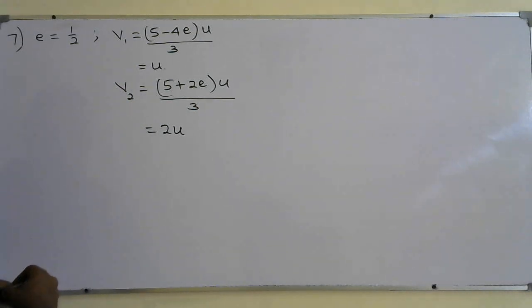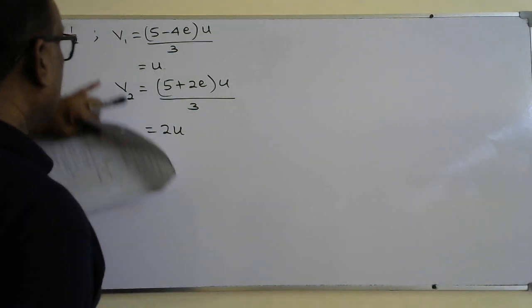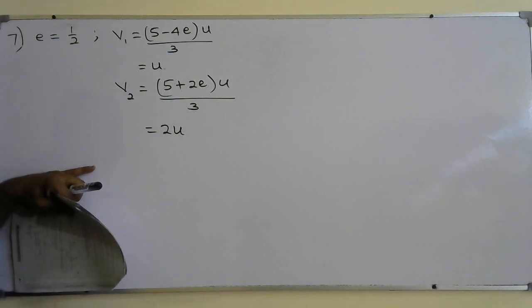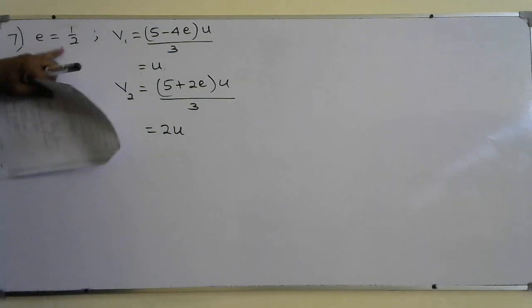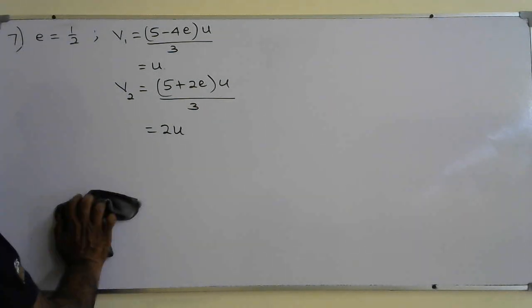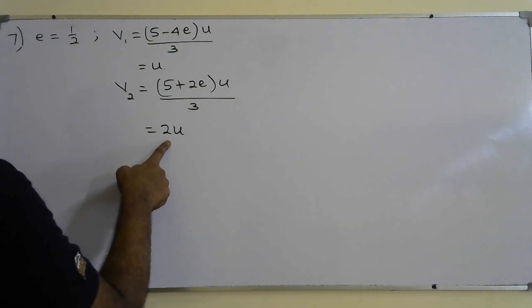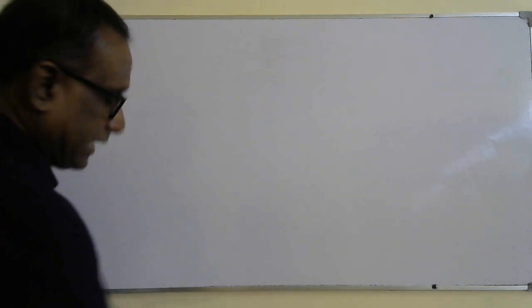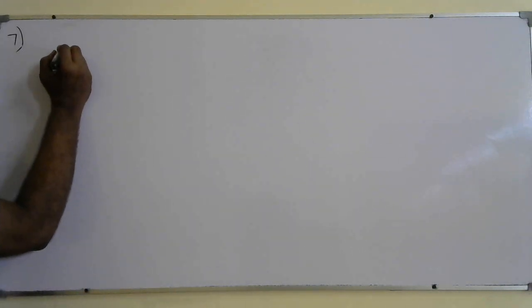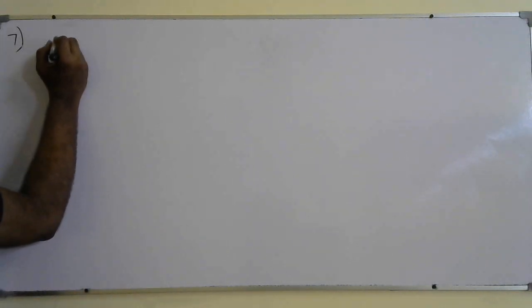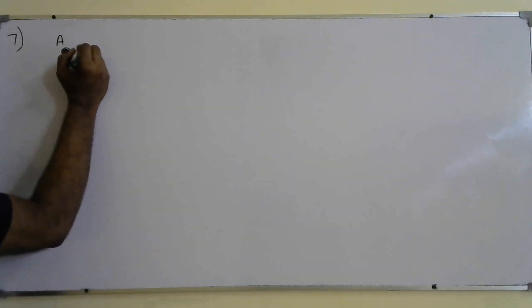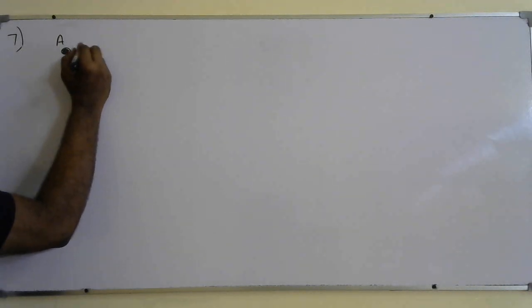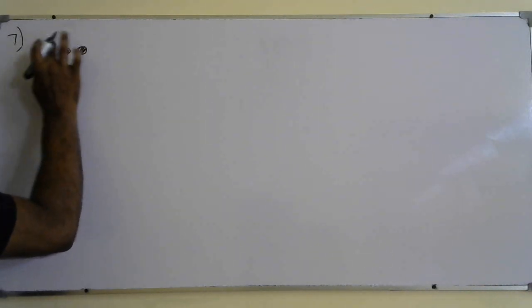I'm going to erase it and draw the diagram again with the wall. These are the velocities of A and B after collision, since we know E. So B has greater speed than A. Immediately after collision, this is A, this is B, with a small gap I show.